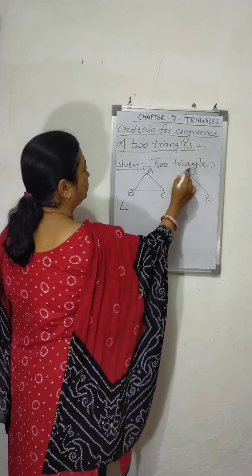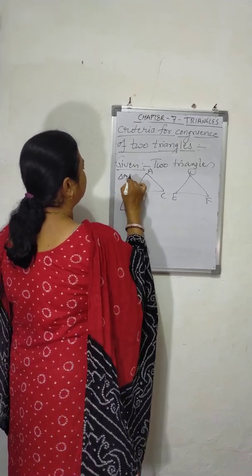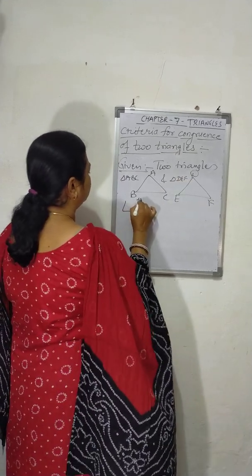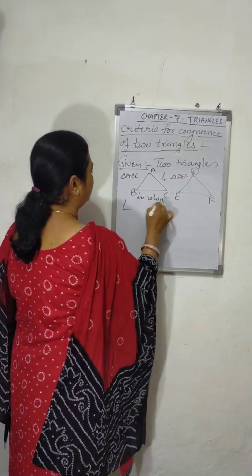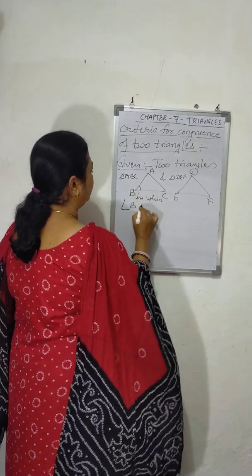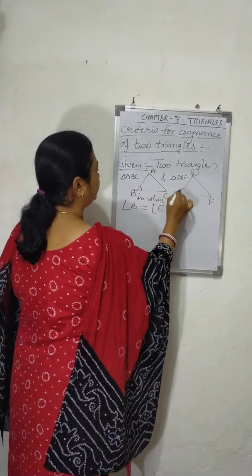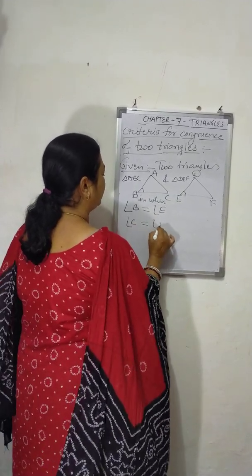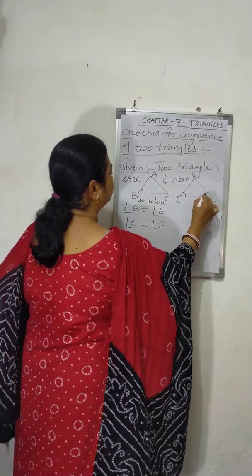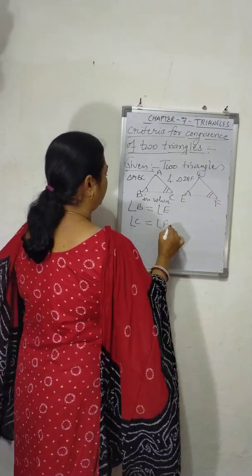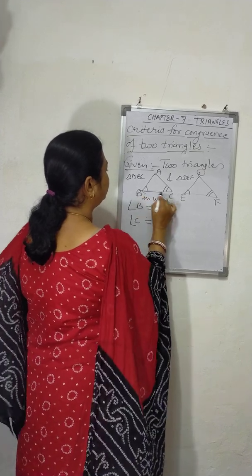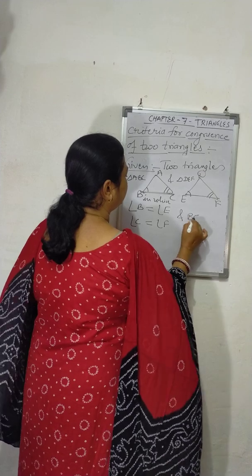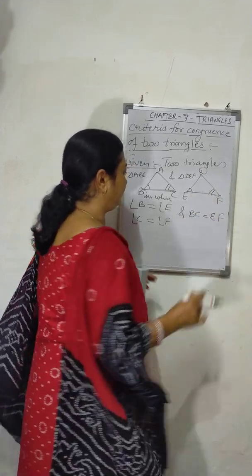Two triangles, triangle ABC and triangle DEF, in which angle B is equal to angle E, angle C is equal to angle F, and BC, the included side, here BC and here EF, BC is equal to EF.